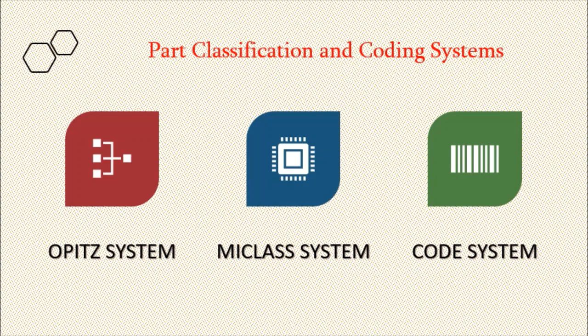Now, basically for part coding and classification, the most famous ones are the OPITZ system, then the MICLASS and the CODE system. There are other systems also, but majorly these three are very popular and have already been applied in various production and manufacturing units.